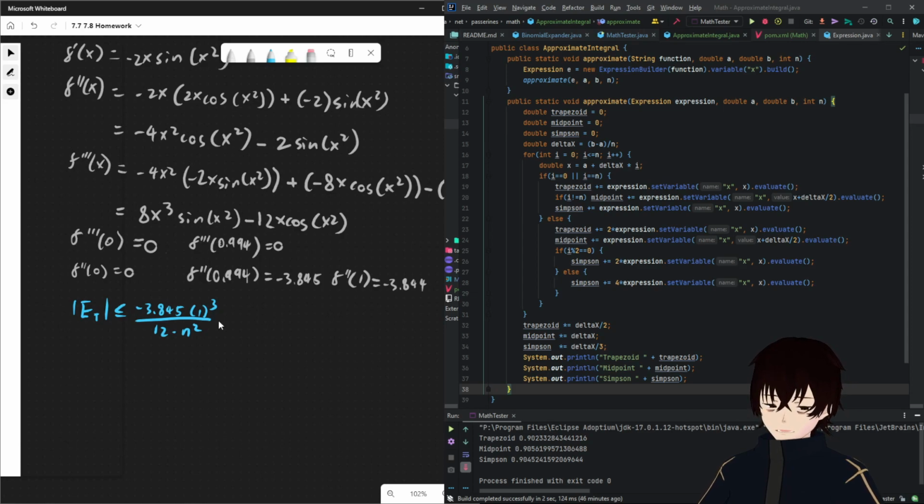So 3.845 divided by 12 divided by 8 divided by 8.